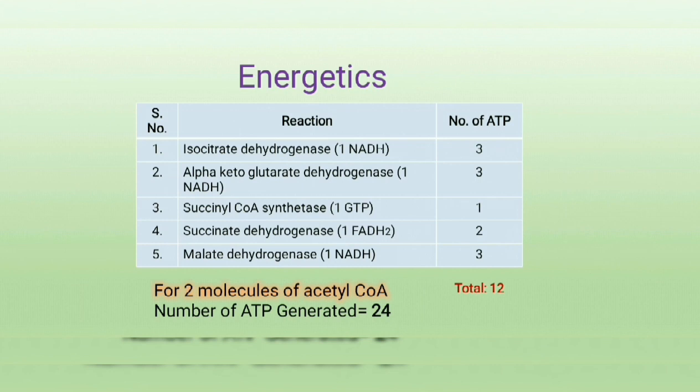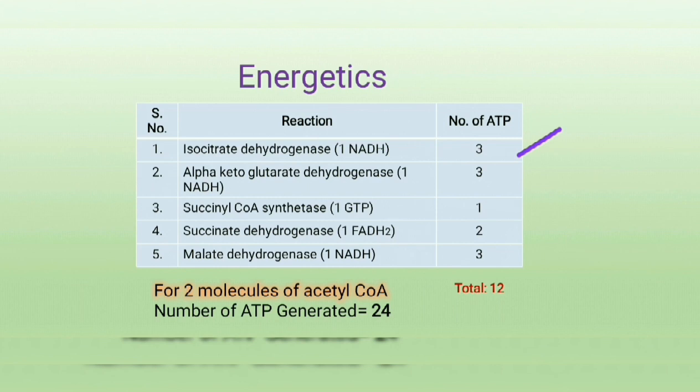That is, the first column gives you the serial number and the second one is the reaction, and the third column is the number of ATP molecules which is produced for one turn of the TCA cycle. The very first enzyme, isocitrate dehydrogenase, produces one NADH, which means we are getting 3 molecules of ATP.